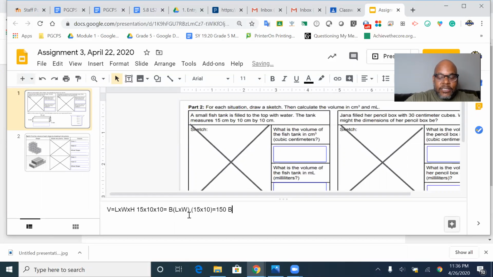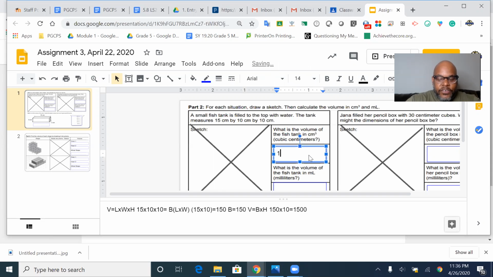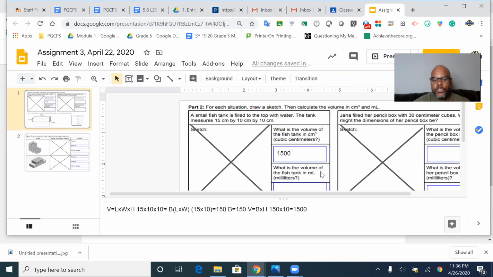So base is equal to 150. Volume is equal to base times height, or 150 times 10, which is equal to 1500. So this one should be 1500 cubic centimeters, or centimeters cubed.